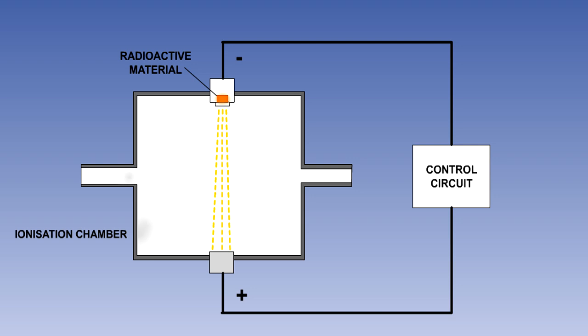When smoke enters the ionization chamber, it disrupts this current. The smoke particles attach to the ions and neutralize them. The smoke detector control circuit senses the drop in current between the plates and produces a warning.